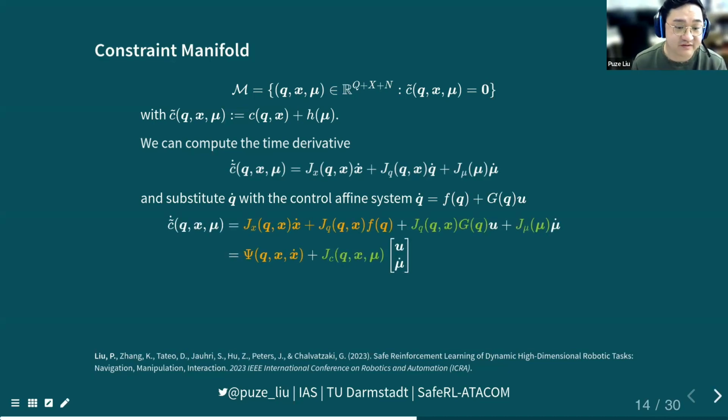We can substitute Q dot with the control affine system and group everything together. In the end we get C dot equals psi plus J_C times U and mu dot, where mu dot is the slack variable that can be freely controlled, since we introduced it ourselves.